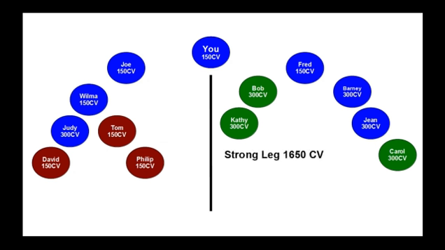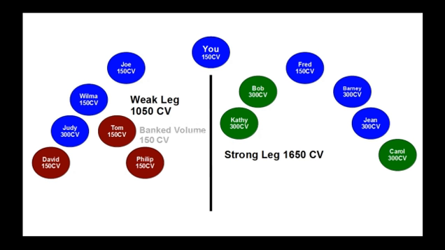And you come to the end of the month, and your right-hand side, which was your weak leg last month, has now become your strong leg. And your weak leg, what is now your left-hand side, last month was your strong leg. This month is your weak leg.